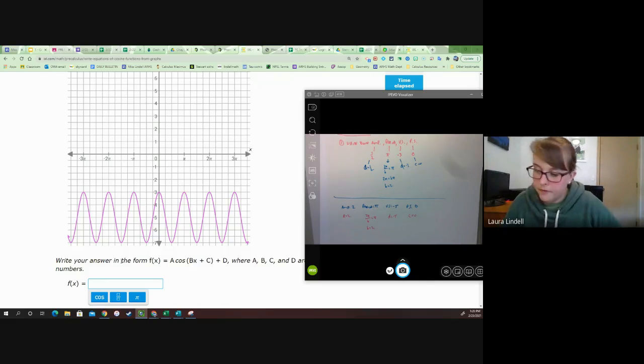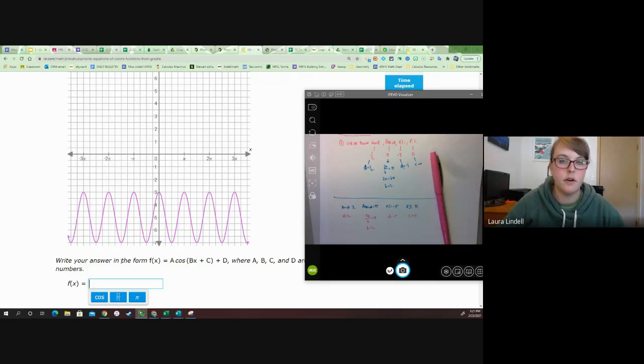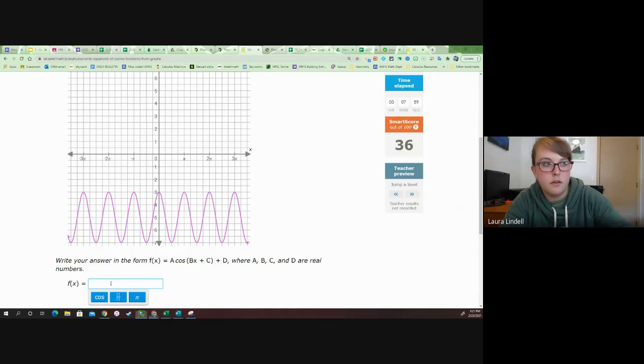And then from that, if you got that A is 2, B is 2, D is -5, and C is 0, you're also on the right track here. We should get 2 cosine of 2x minus 5.